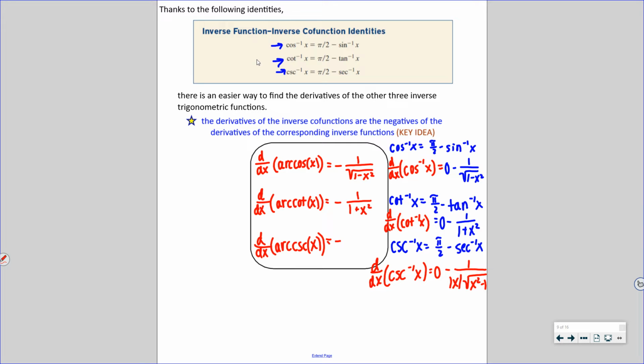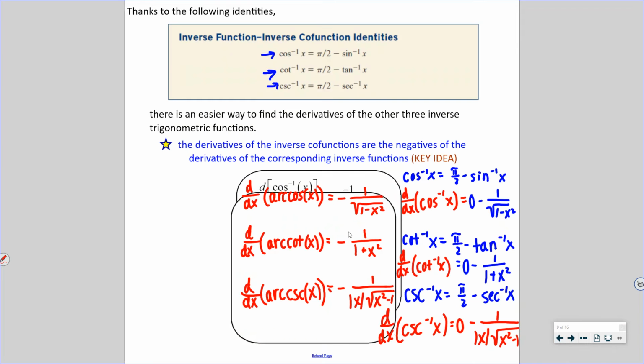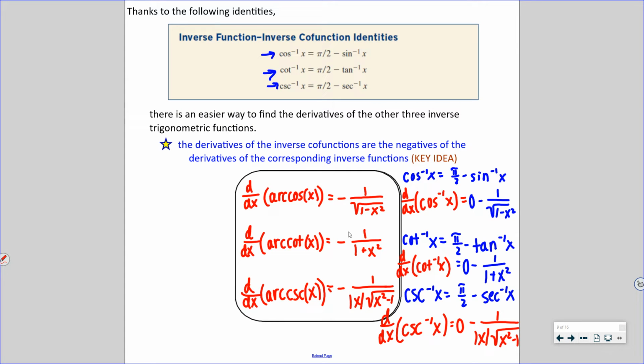So it just ends up being negative 1 over the absolute value of x... Let's click it and see if it matches. Yep. Minus 1.